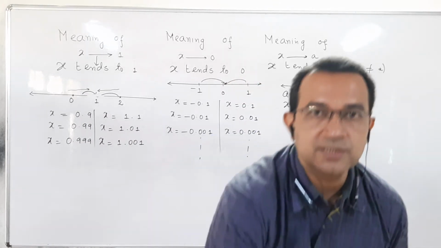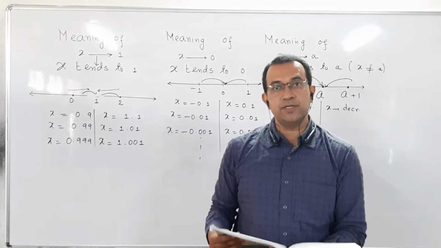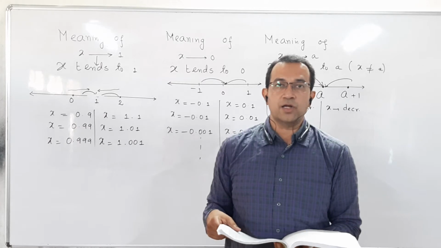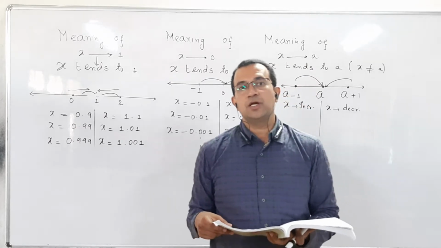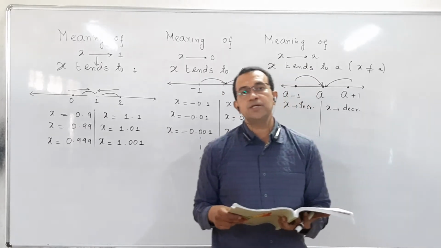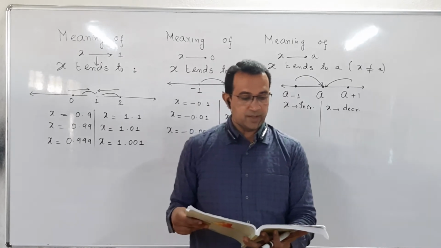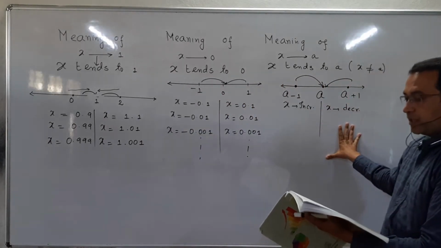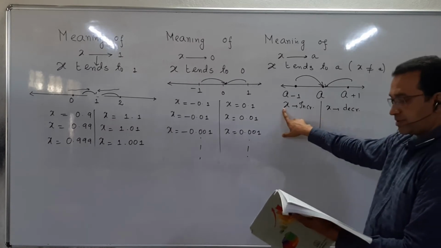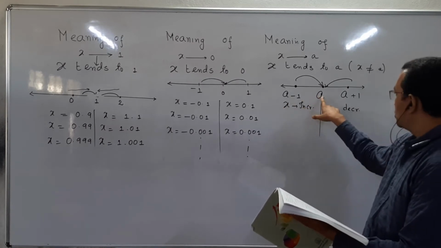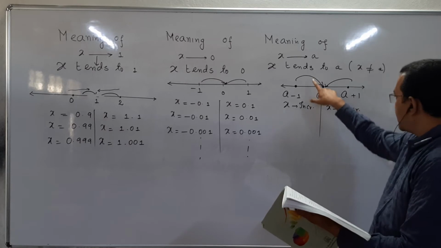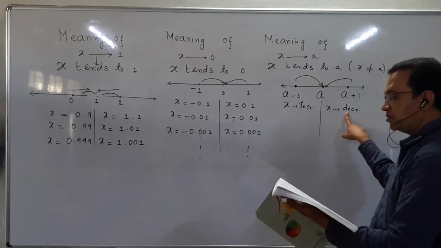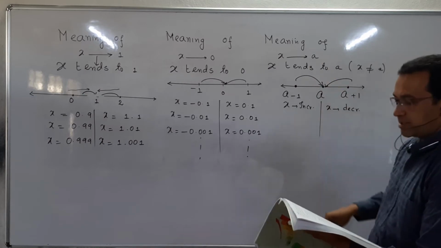I am reading from textbook, students, to make you understand. Please pay attention. This is the basic for the definition of limit of a function. The meaning of x tends to a. If the value of variable x is brought very close to number a by increasing, means from left hand side, or by decreasing the value, then we say that x tends to a.